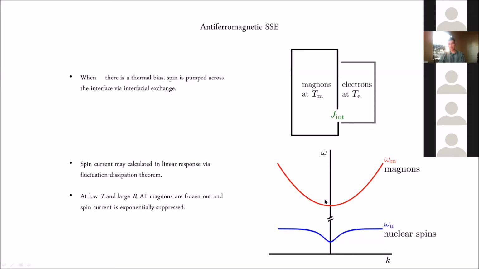So we can calculate the long wavelength, low energy contributions to the spin-Seebeck effect by just looking at the spin fluctuations at the interface, and then calculating the spin current, which is a two-point correlation function, using the fluctuation-dissipation theorem. That's pretty straightforward, been done many times, so we just applied it to the antiferromagnetic case.